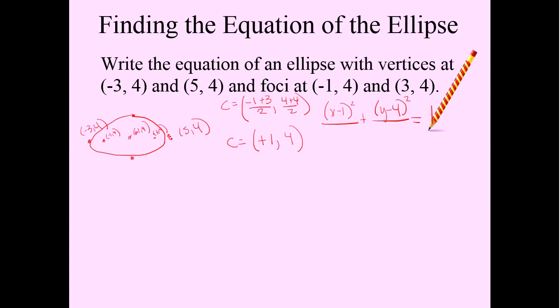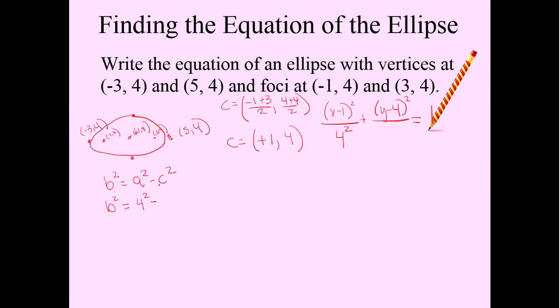Let's find the distance of everything here. So I do know my x distance, from my center to my vertices, is 4. So I do know I'm going to have 4 squared under the x. I need to find my co-vertices, so we can use our really cool formula: b squared equals a squared minus c squared. We don't know b because that's the co-vertices, but I do know my a value is 4.